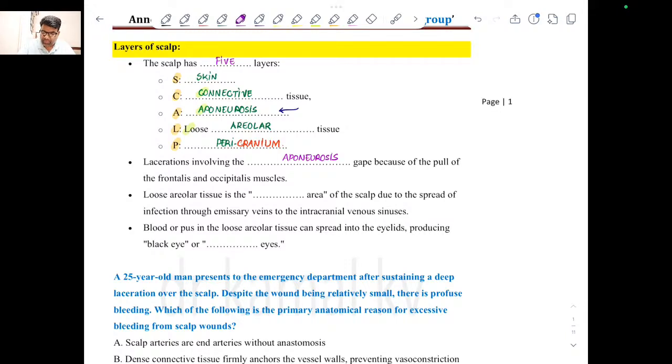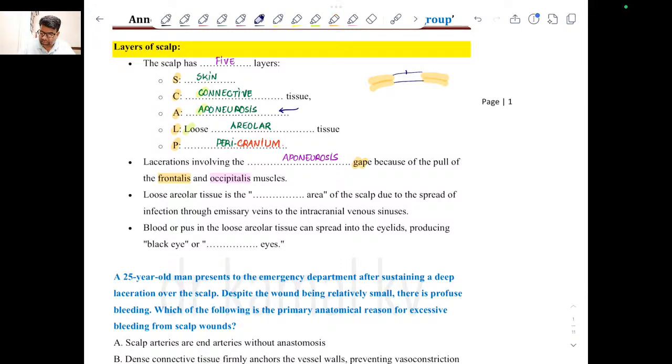they tend to gape. Gape means they open up, and this is because on either side of the aponeurosis there are 2 muscles. One is occipitalis and another is frontalis, right? Suppose this is the aponeurosis, on one side there is frontalis muscle, on the other side there is occipitalis muscle.